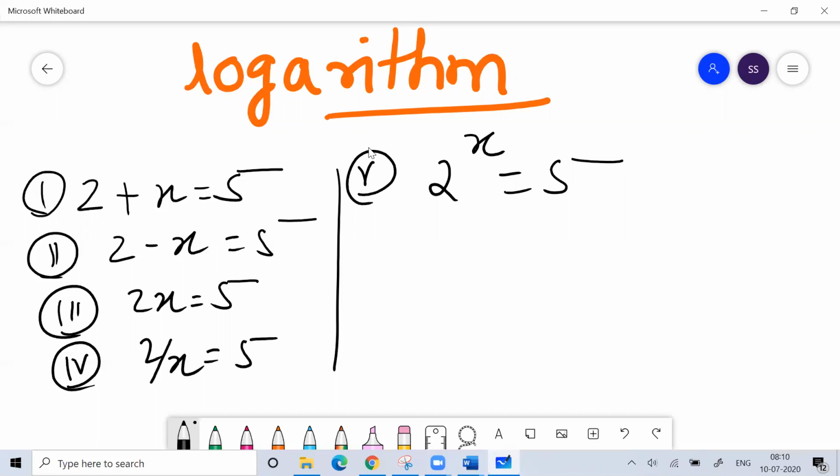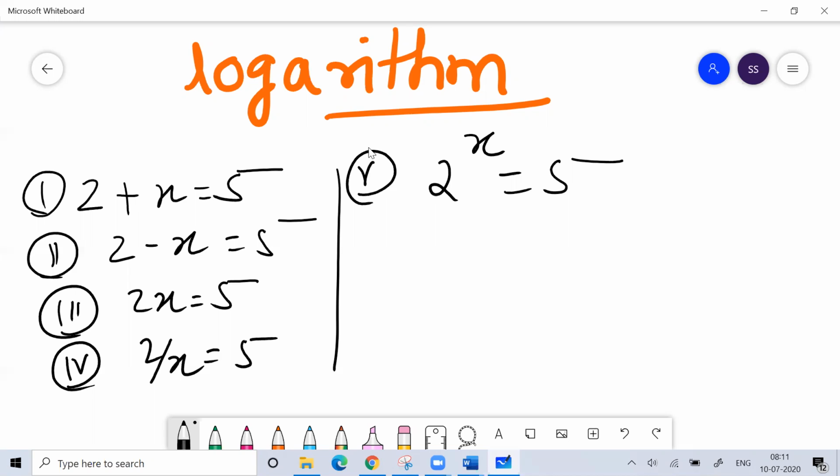So basically, the mathematical logic of using logarithm is to determine the unknown when that unknown is in the power. For that we use logarithm.